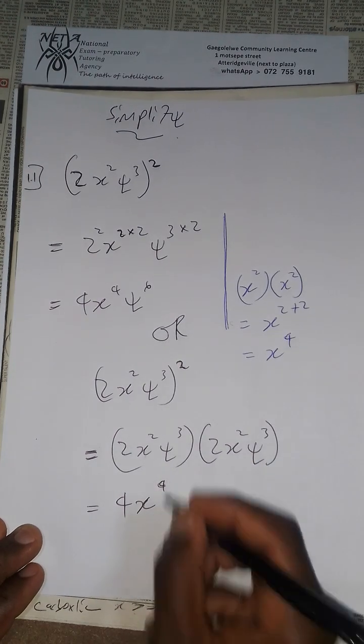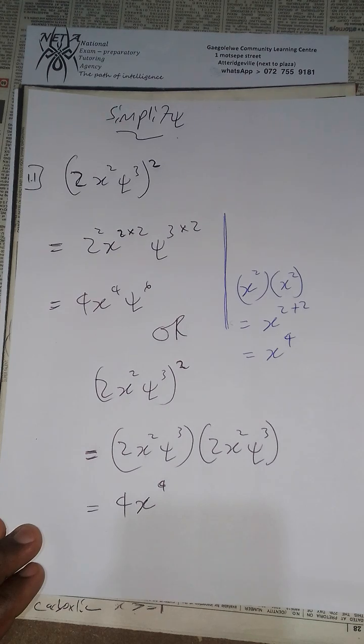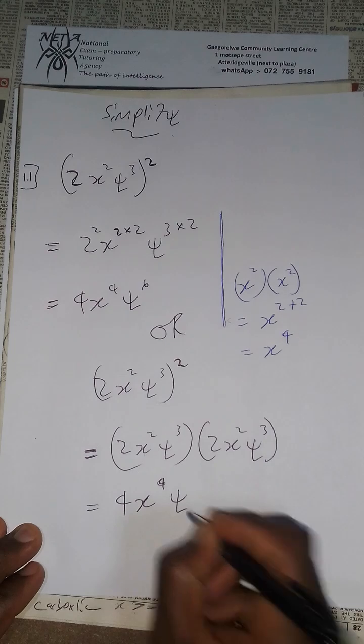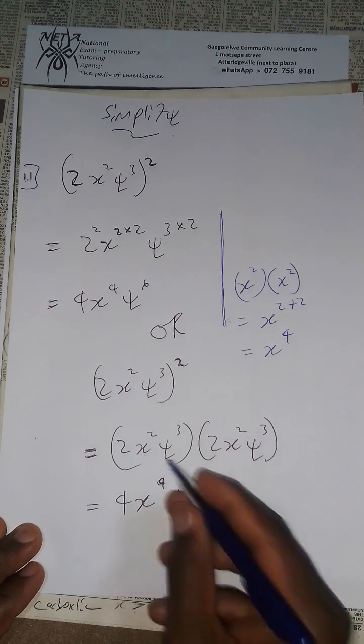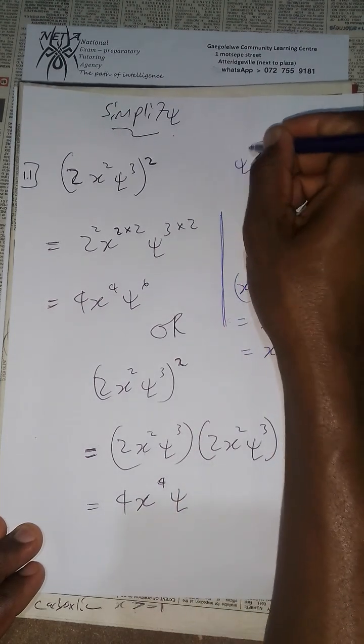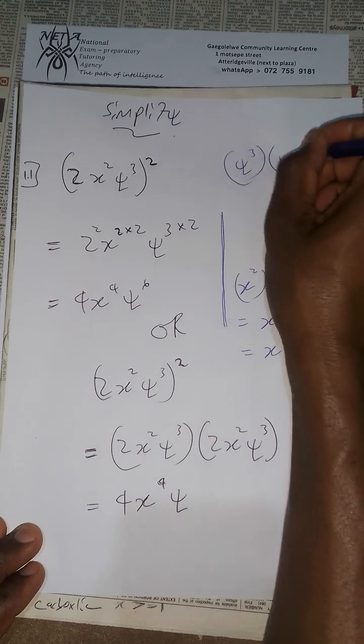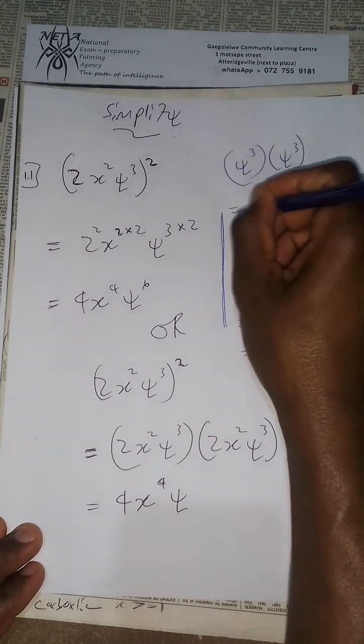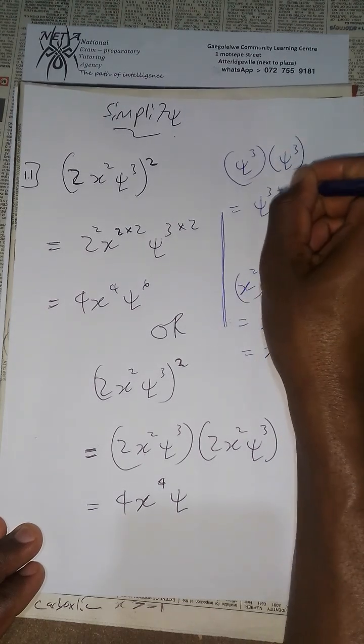Whenever we multiply variables of the same base, or numbers of the same base, exponents must therefore be added. And the same thing happens with our y. We have y cubed multiplied by y cubed, which is going to be y to the power of 3 plus 3.